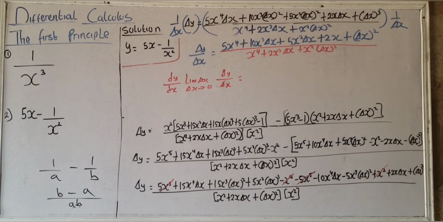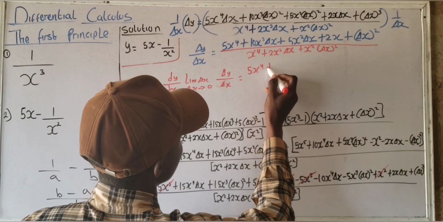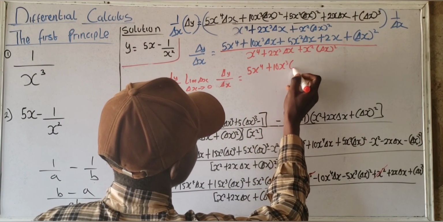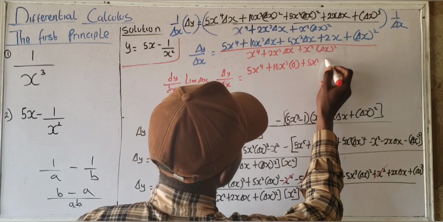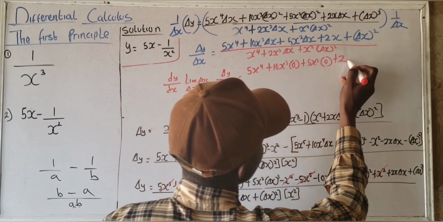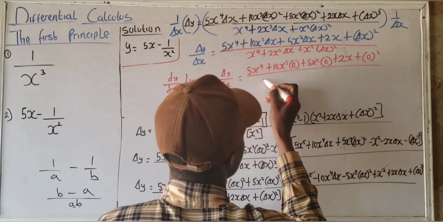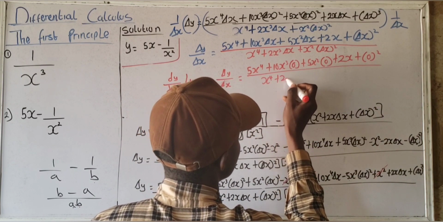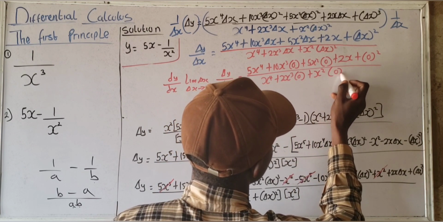Okay, so here I'm going to have 5x raised to the power of 4 plus 10x raised to the power of 3 multiplied by 0 plus 5x raised to the power of 2 times 0 plus 2x plus 0 squared, all over x raised to the power of 4 plus 2x raised to the power of 3 multiplied by 0 plus x raised to the power of 2 multiplied by 0 squared.